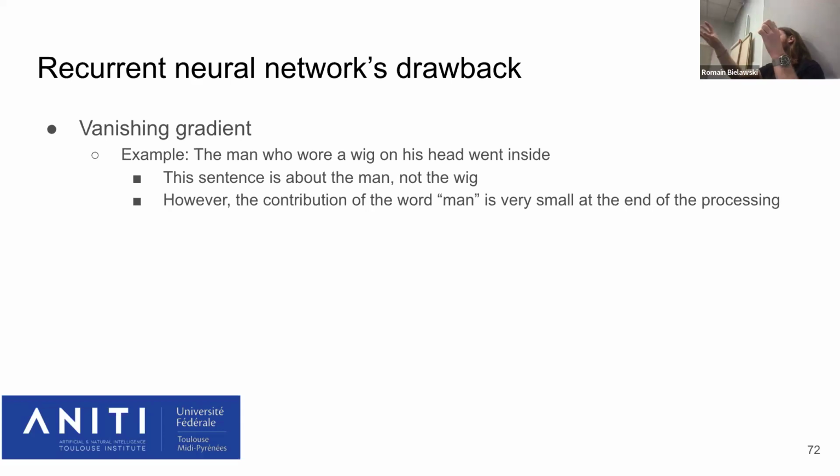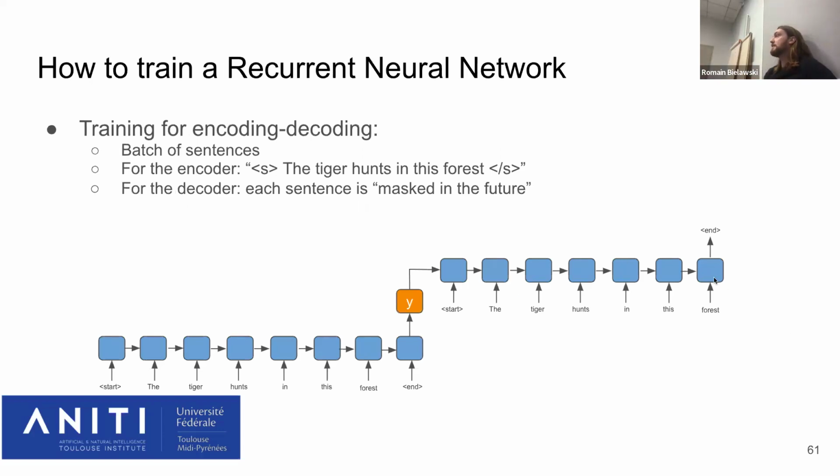At some point, the contribution of certain words is going to fade out during the training. So if your training step is at the end of a sentence, let's say you're trying to predict the last word, the meaning of the full sentence has dissipated, and the first words of the sentence are diluted in the embedding.